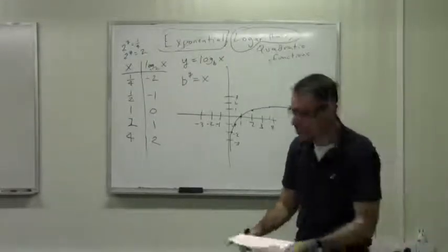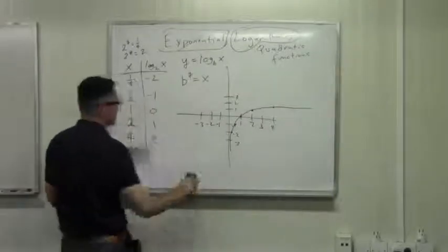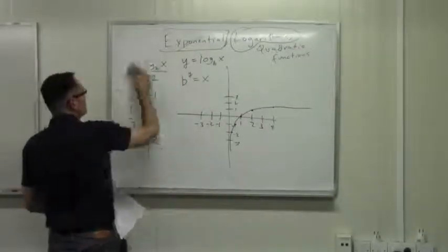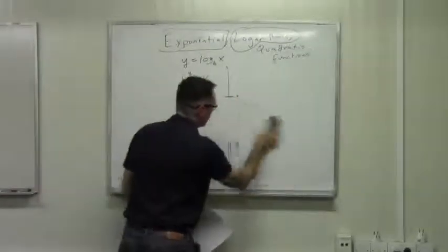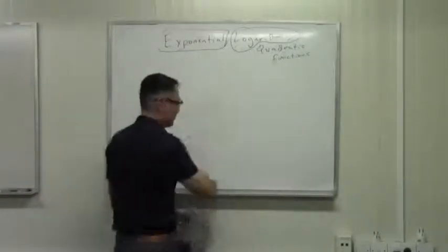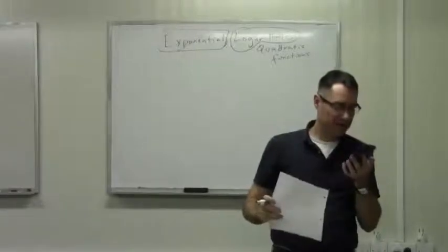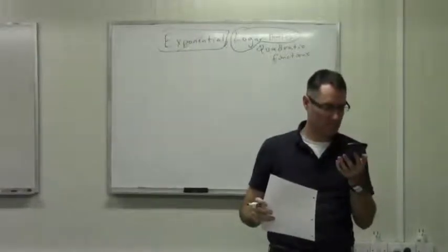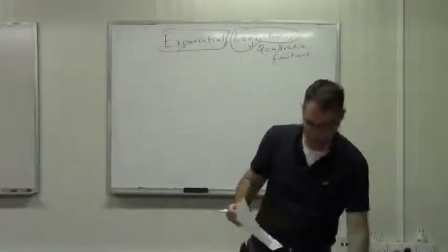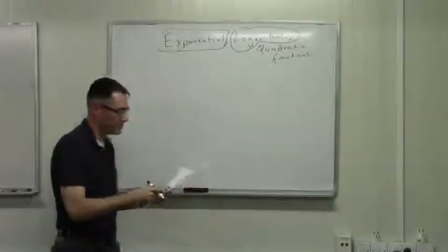OK. So let's try one with logarithms. I hope your calculators have an LN button. Do they have an LN button? It's actually the white one, next to the e to the x button.